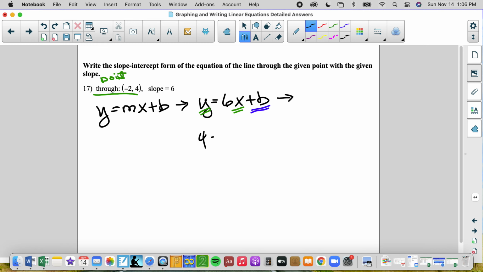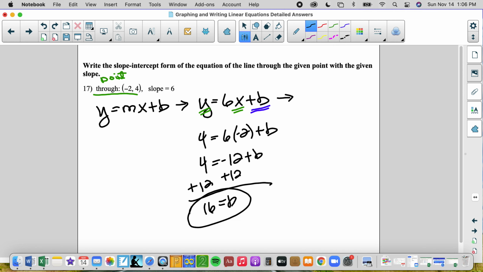My y value is 4, my x value is -2, and I'm going to figure out what my b is by isolating it. That gives me 16 equals b. Now I know my b, so I can write my final equation in slope-intercept form with the slope and the y-intercept. Sometimes you have to utilize the alternative information in order to find the intercept or the slope that you are looking for.